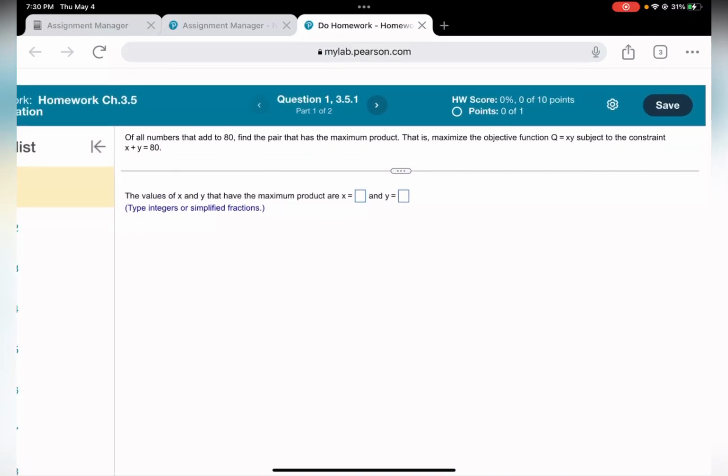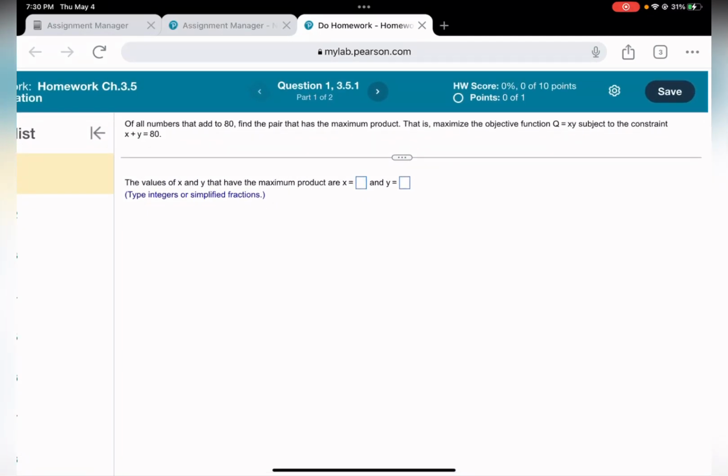Okay, we are working on homework chapter 3.5. Question number 1: of all numbers that add to 80, find the pair that has maximum product. That is, maximize the objective function Q equals xy, subject to the constraint x plus y equals 80.